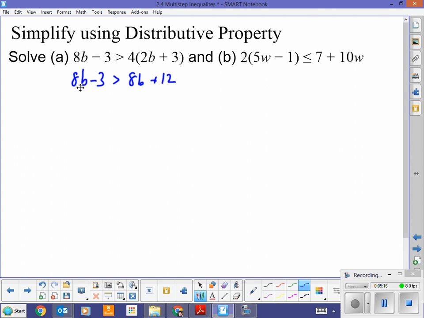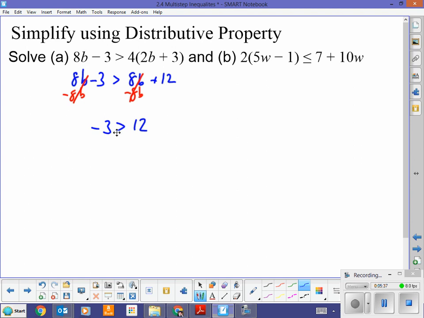And I can see right here I'm going to have this 8b thing happening here. If I subtract 8b from this side and do the same thing to this side, they're going to cancel out on both sides, giving me negative 3 is greater than 12.